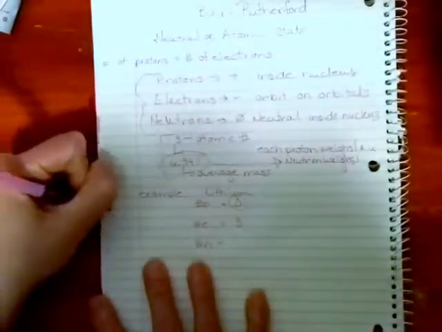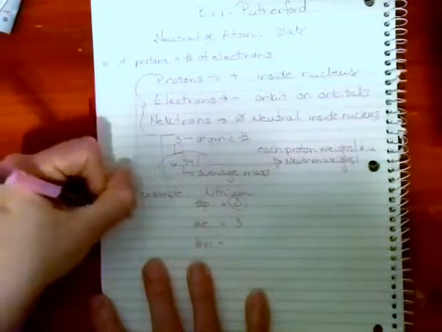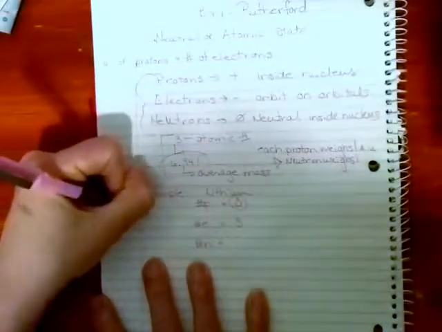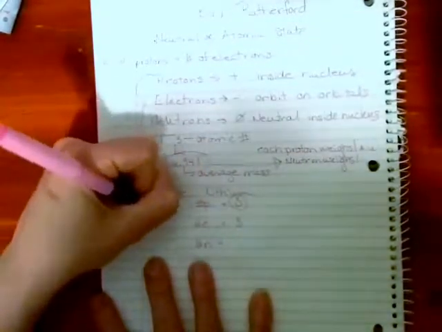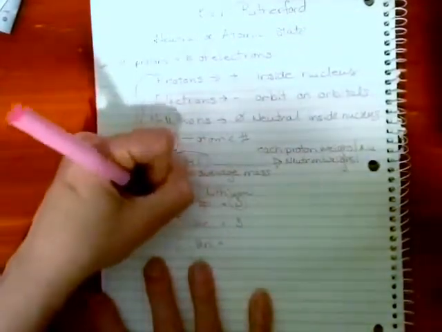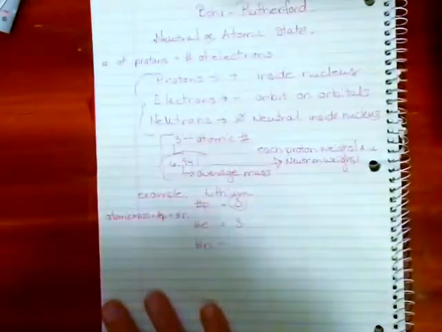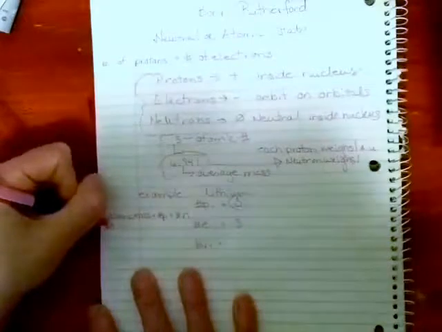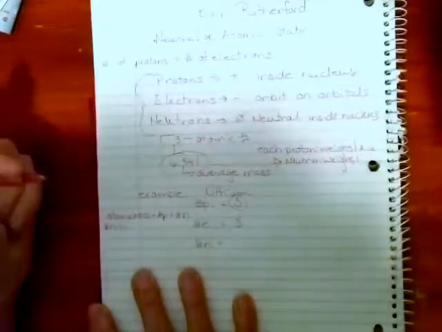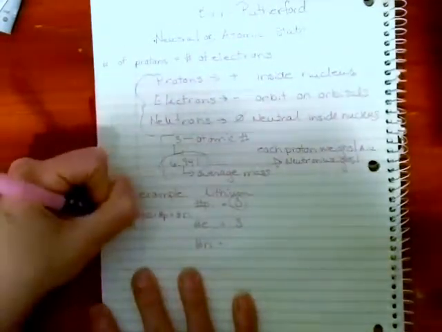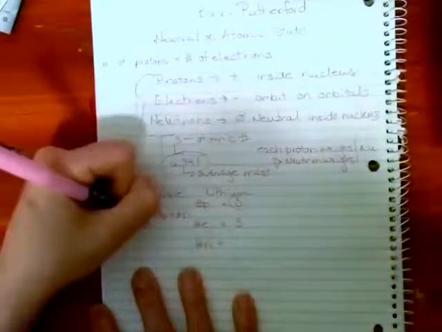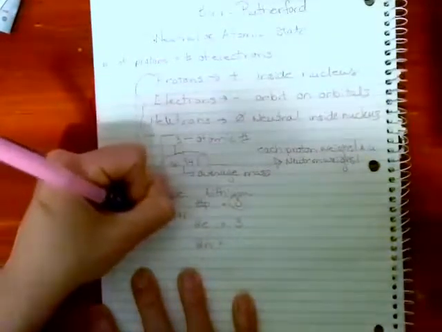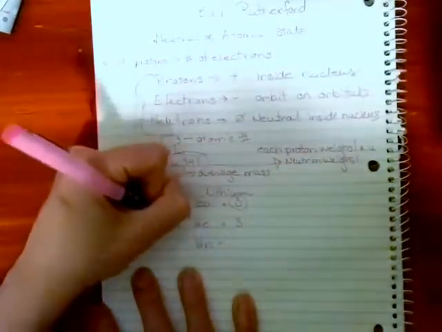So the atomic mass is equal to the number of protons plus the number of neutrons. So therefore, with some simple rearranging, the number of neutrons is equal to the atomic mass minus the number of protons.